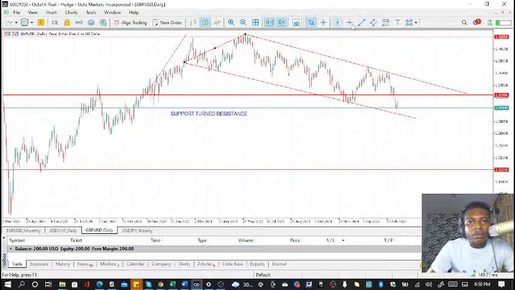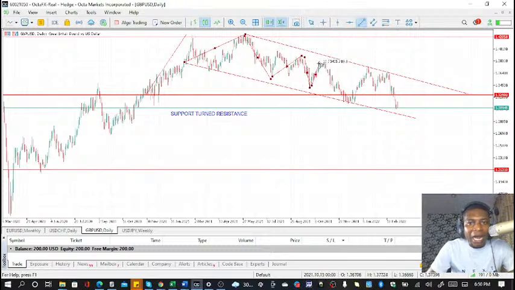From here, price came down here. Price went up to this place. Then price came down. Later on price went up.